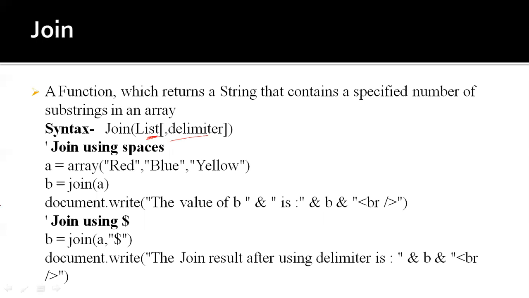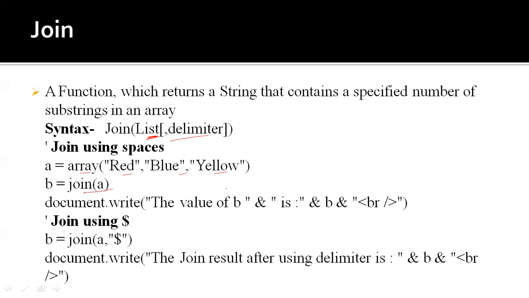Here is a function array. A is equal to array red, blue, yellow, which contains 3 elements, red, blue, yellow, and in the next statement, it is written join A. It means we are going to join the values of this, or we are going to convert this array elements into a string.